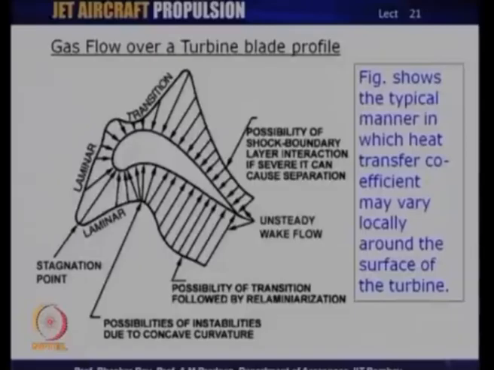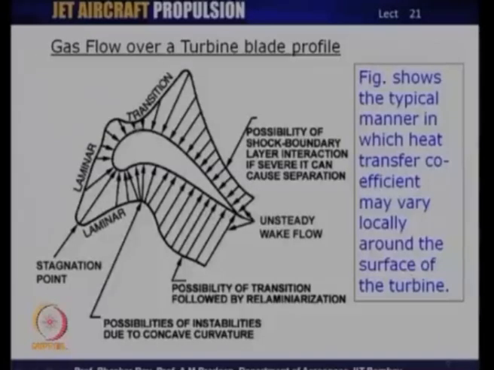Now, let us take a look at what this cooling technology fundamentally involves. When the gas flows over a turbine blade, it creates a certain flow field around it, and this flow field involves a laminar flow, and then there is a transition from laminar, and the flow becomes turbulent.